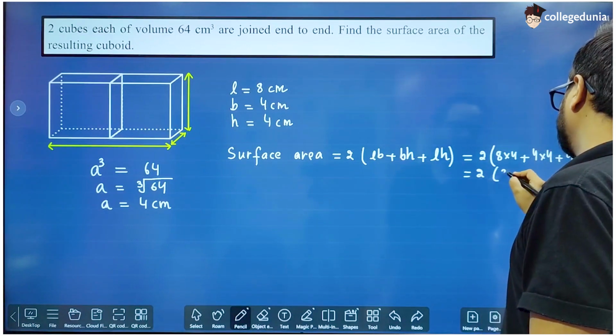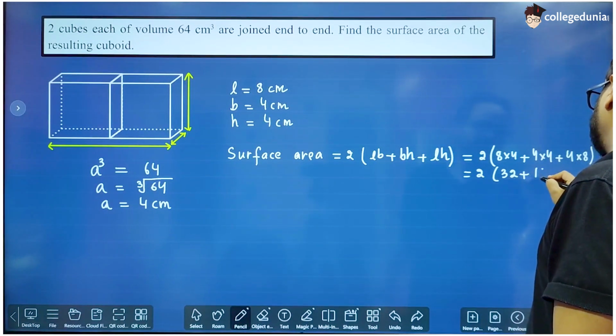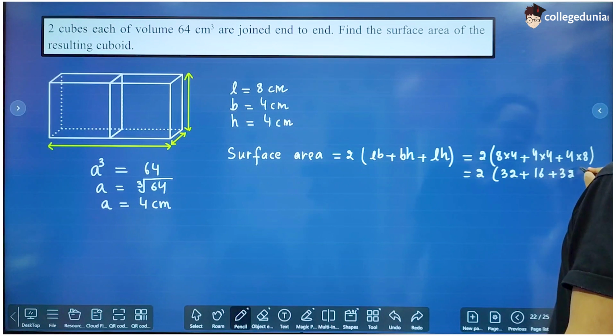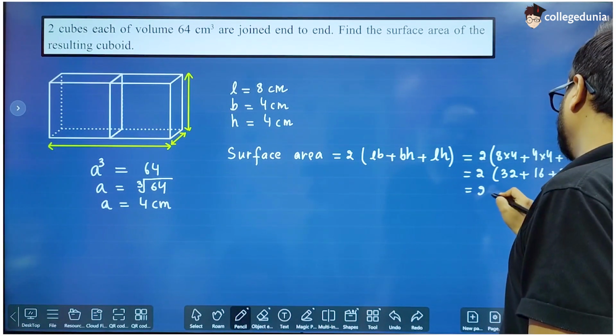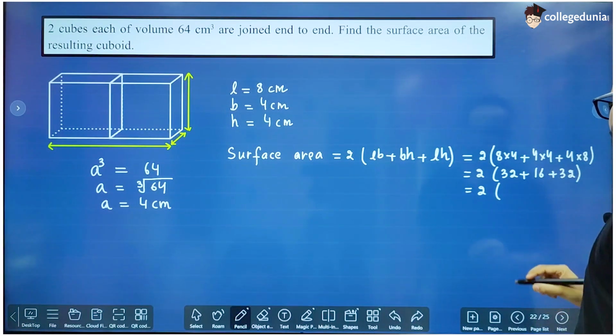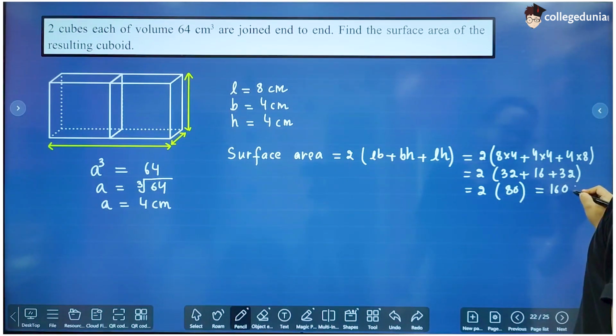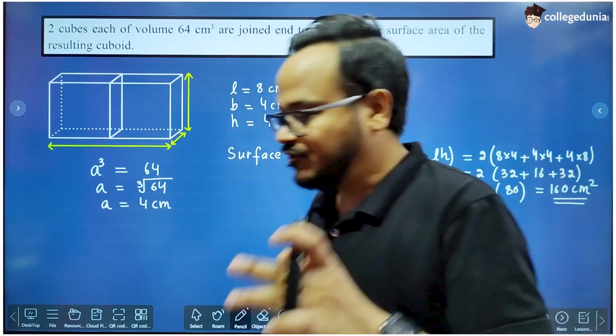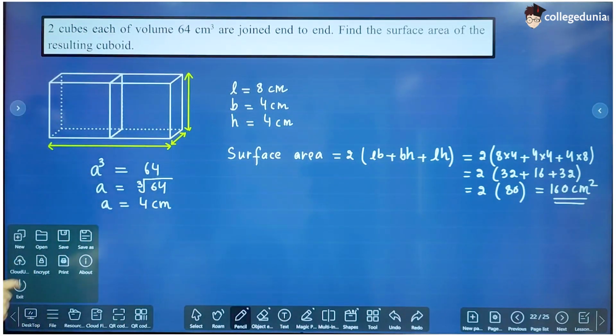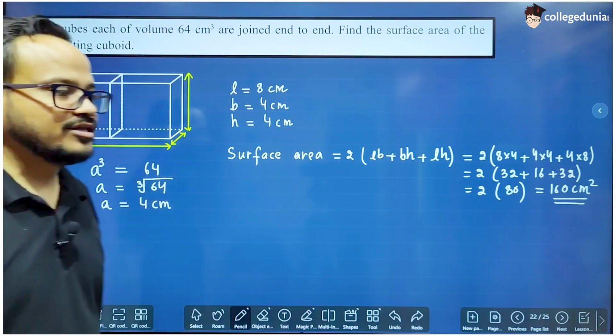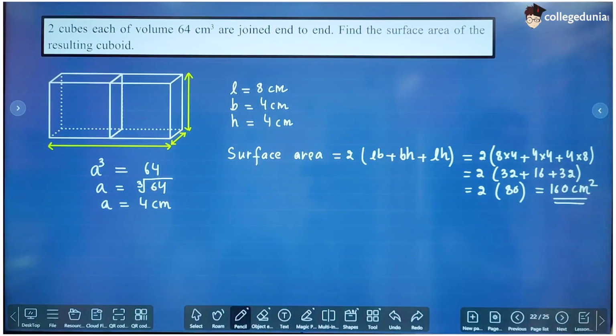So 2 times (32 plus 16 plus 32), 32 plus 32 is 64, 70, 80. So 80 into 2 is 160 centimeter square. So the surface area of this resulting cuboid is 160 centimeter square.